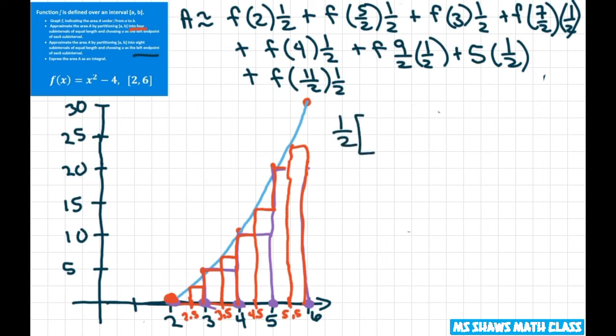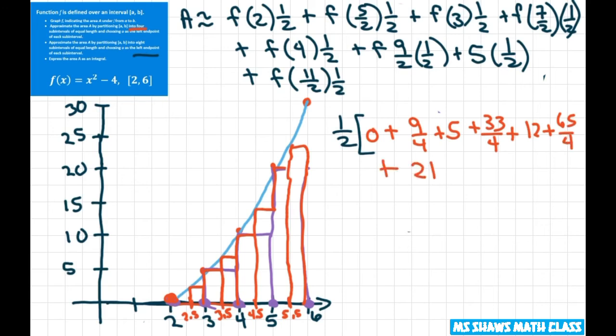Then you're just going to get 0 plus 9/4 plus 5 plus 33/4 plus 12 plus 65/4 plus 21 plus 105/4.